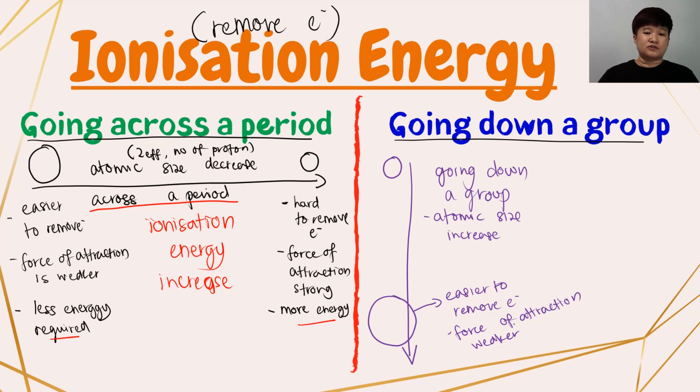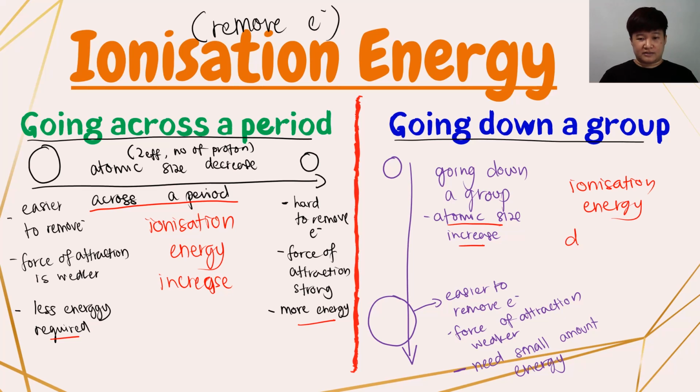So when the force of attraction is weaker, the valence electron is not strongly held to the nucleus. Therefore, it's very easy to remove. When it's very easy to remove, you will only need a small amount of energy. When it's only a small amount of energy, what happened to the ionization energy? So when you are going down the group and the atomic size increases, your ionization energy will decrease.